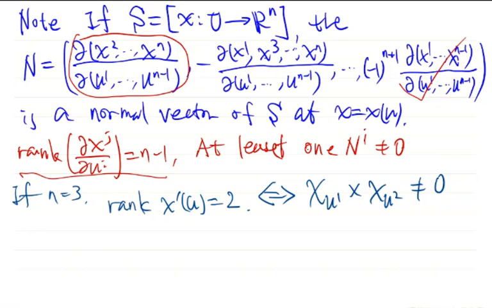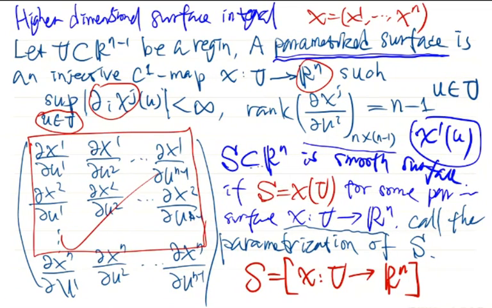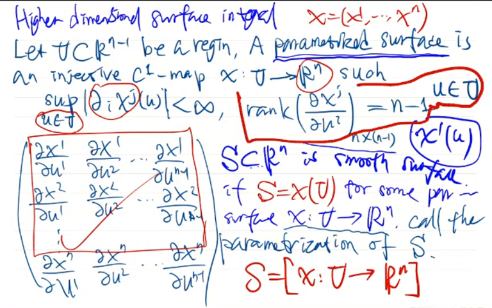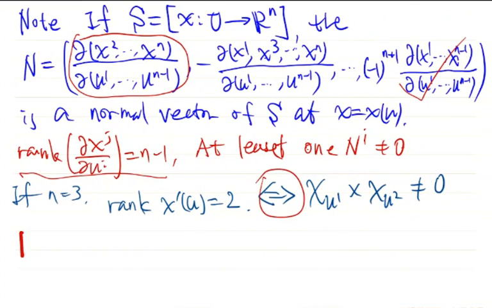These are equivalent, as you can check. So this condition in our definition of a parametric surface, that the rank is n minus 1, is a generalization, for the case n equal to 3, of the requirement that Ru cross Rv is not 0.